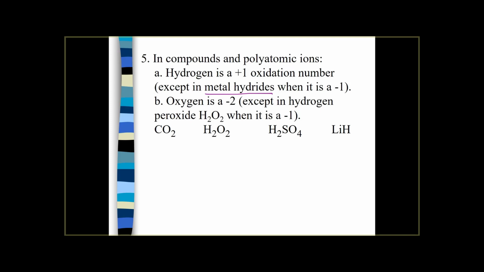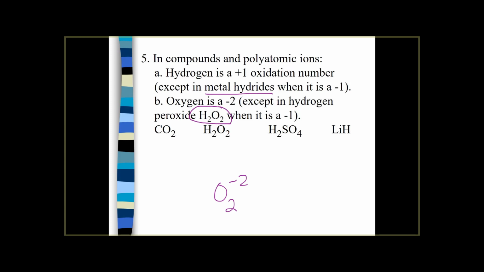Oxygen is a -2 except for when we have peroxides. And the only peroxide that you need to know is this one, H2O2. So when you have a peroxide, the peroxide anion really looks like this. So it's a little bit different.